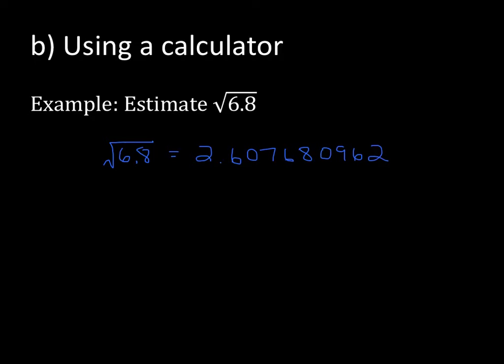And this again shows us that it is just an approximation. If we have a non-terminating decimal, it shows us that it is not a perfect square. And so it would be reasonable to estimate around this number, to approximately 2.6. So it actually goes to show that my first estimate without a calculator was quite a valid one.